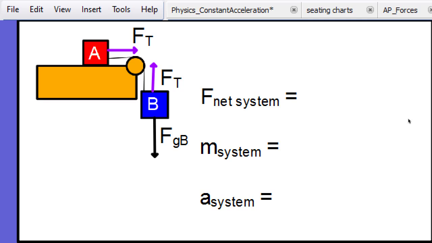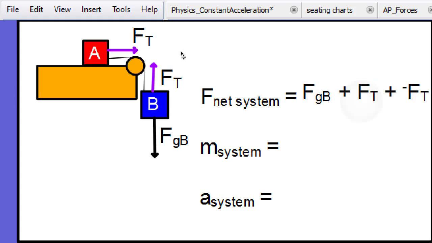Let's solve this problem algebraically. How would I get the acceleration of my system? Well, the net force of the system is going to be the force of gravity on B, plus the force of tension, the one that's on block A, plus the force of tension that's on B. But notice how the force of tension on B is going up?